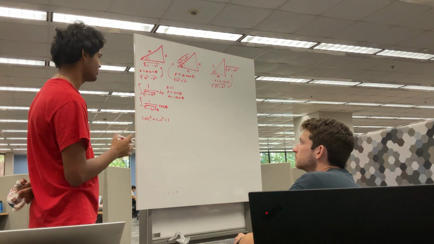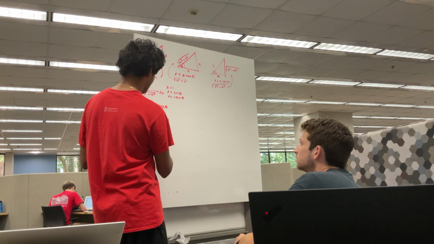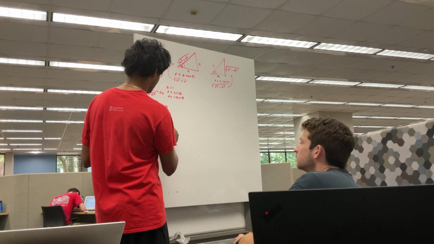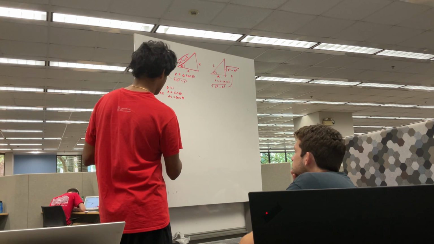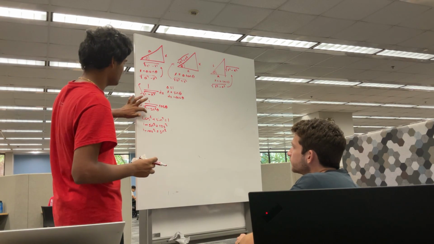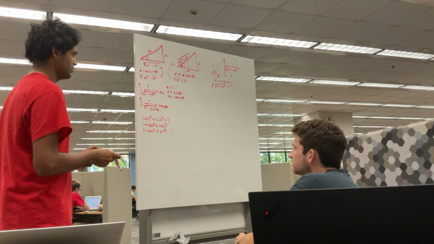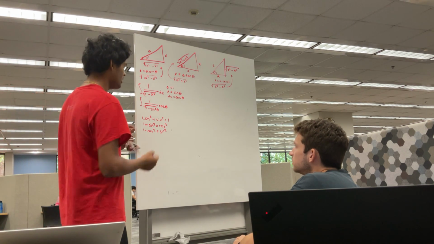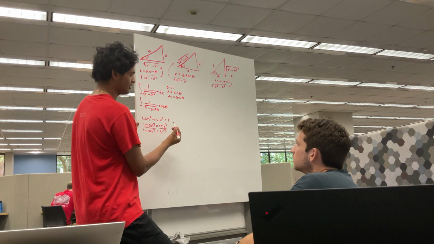Just trust the process for right now. Using these identities, what can we simplify 1 minus sine squared into? I would just simplify it to cosine squared, because 1 minus sine squared is equal to cosine squared.